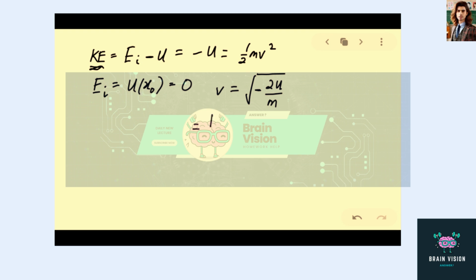This will be the square root of 2 over m times alpha over x naught squared. Since we have a negative sign, the terms inside will be swapped. So we get x naught over x minus x naught over x squared.